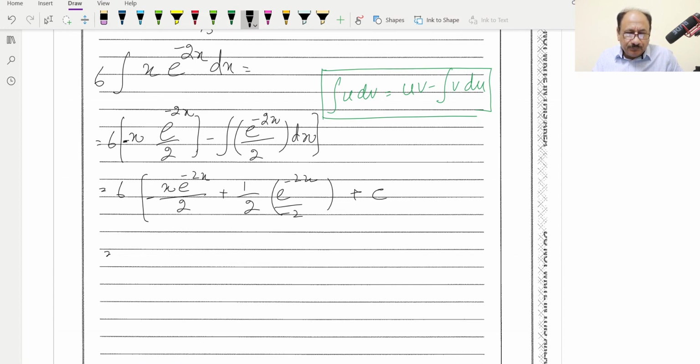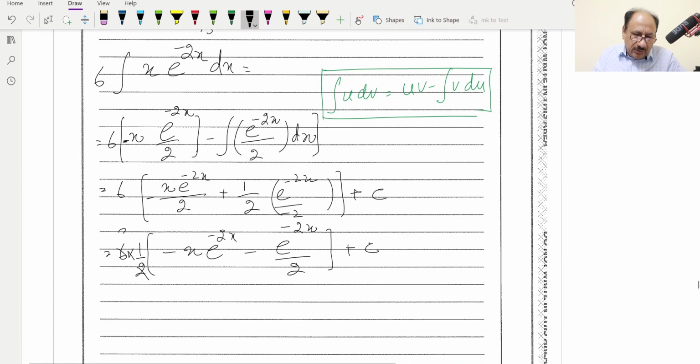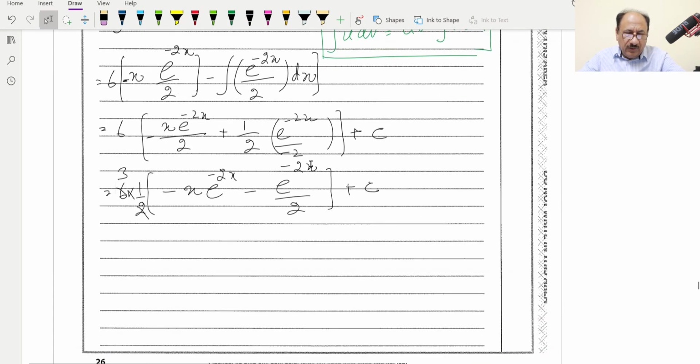So next step, we can write 6 as it is, and inside, after simplification, we can write minus x, and we can write 1 by 2 outside, and this will be minus x e raised to minus 2x minus e raised to minus 2x over 2, and plus c we can write over here, and this will be cancelled, so this will be 3, and our final step will be minus 3x e raised to minus 2x minus 3 by 2 e raised to minus 2x plus c.